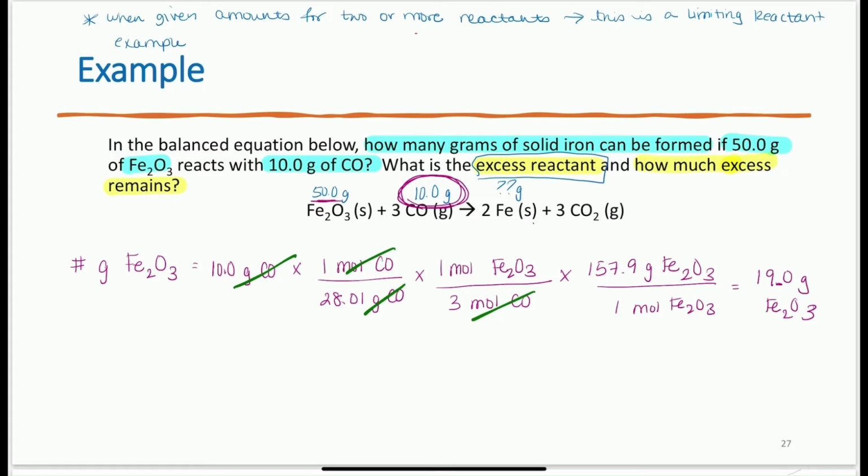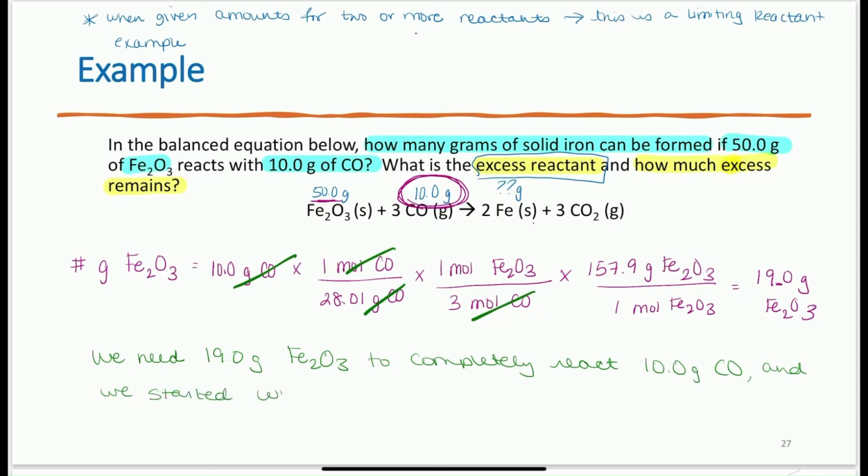So if we need 19.0 grams of Fe2O3 to completely react 10 grams of carbon monoxide, and we know we're starting with 50 grams of Fe2O3, we will use 19 grams to completely react all of the carbon monoxide, so therefore there is 31 grams of Fe2O3 left over.